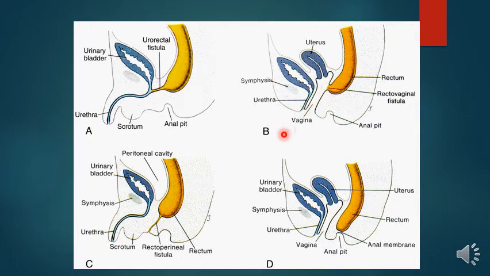And this one here is a rectoperineal fistula. Here the rectum is communicating with the perineum. Here, this is the urethra and this is the vagina, and this picture is showing the imperforate anus.